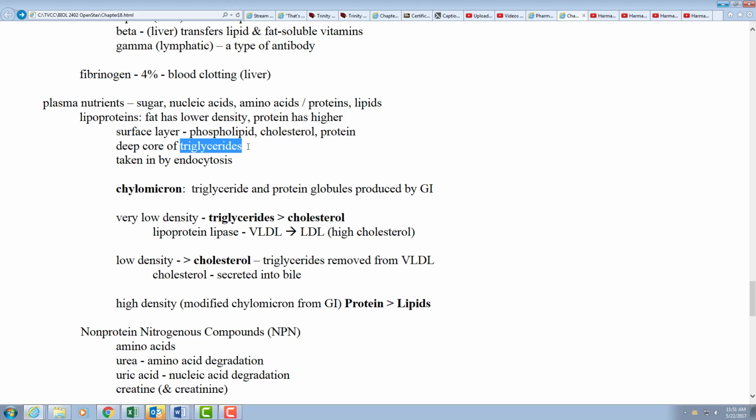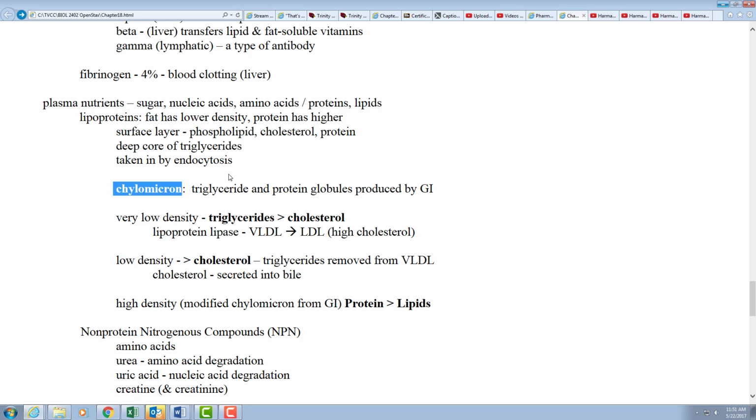The deeper core will be the lipid portion, the triglycerides, and these are taken in by cells by endocytosis. When you bring in nutrients from your food, they're assembled in these little clusters called chylomicrons.